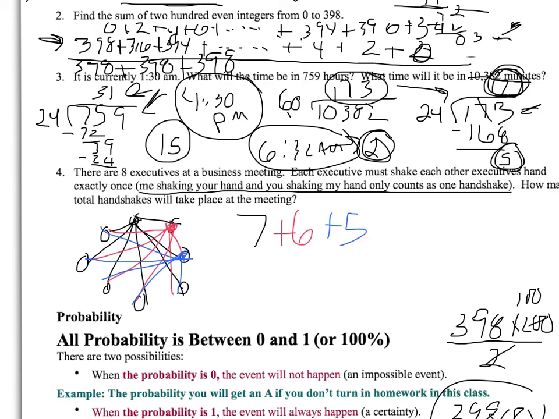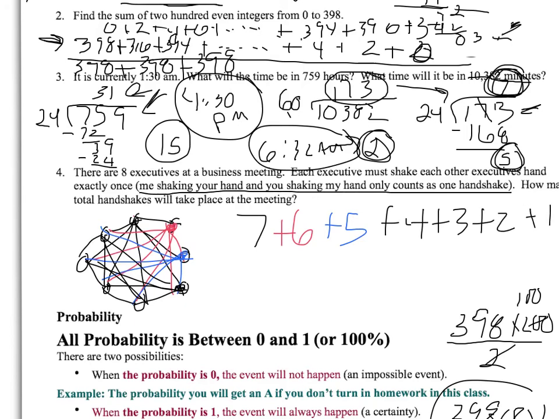Next person has shook the first 3, so plus 4. And you can probably guess the pattern: the next person has plus 3, and then plus 2, and then finally plus 1.